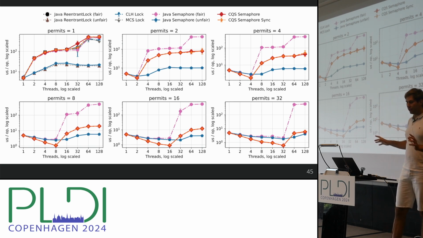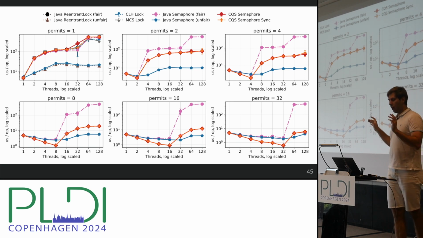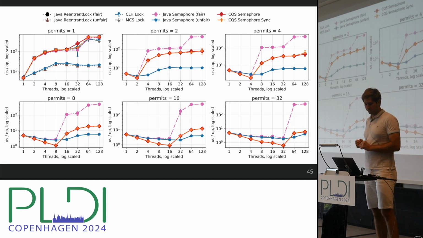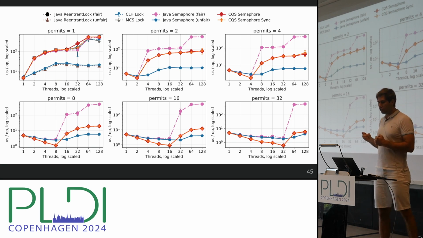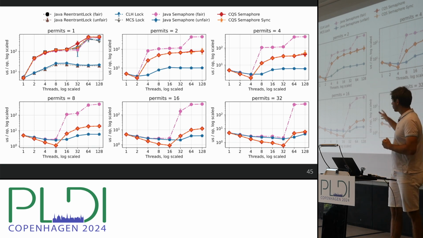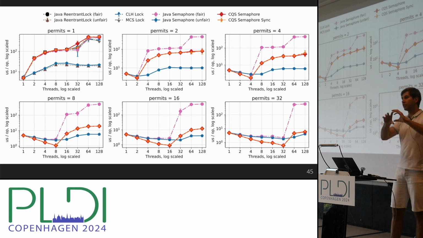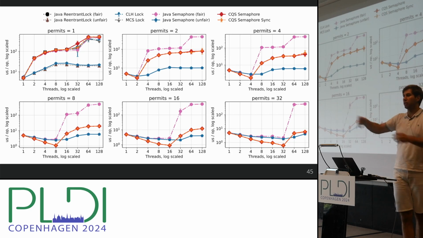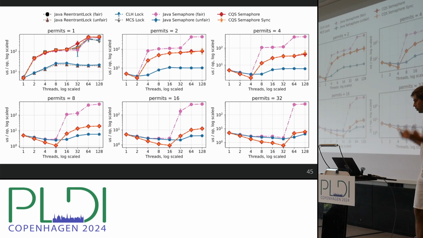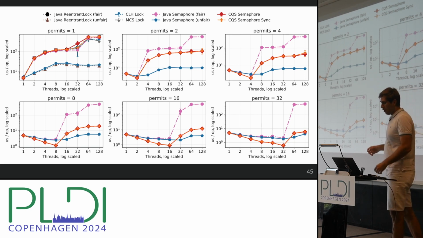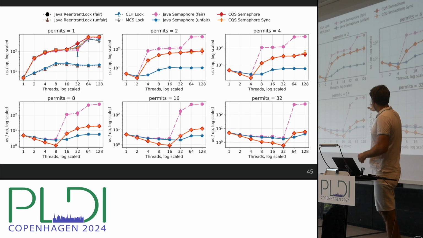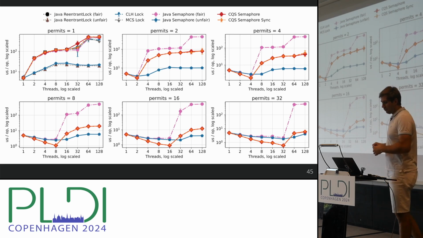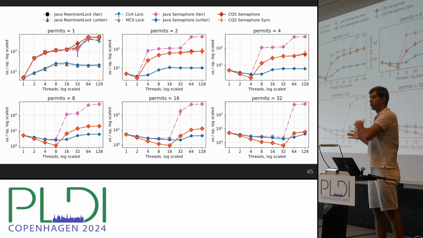So what we see here is that we are on par with the classic locks with our implementation. And regarding the semaphore, of course, with the unfair version, which allows threads to be processed not in first-in, first-out order, but just in any order, which is cheaper, of course, we are slower than the unfair version, but the more permits we have here, the closer we are getting to the unfair version.